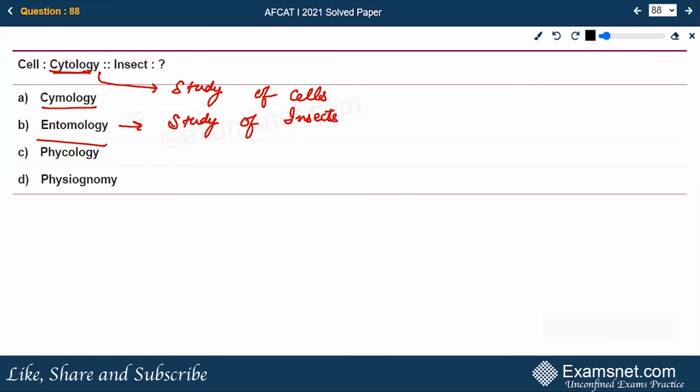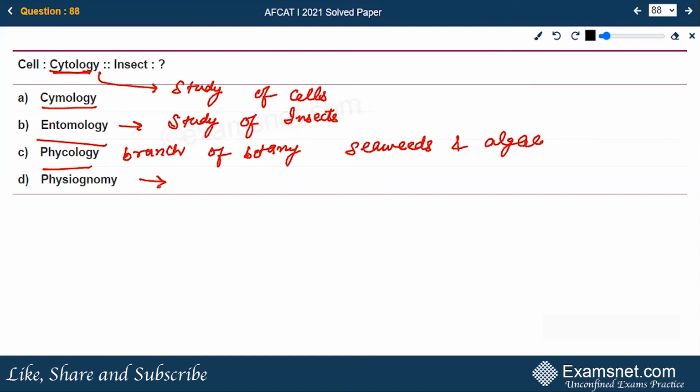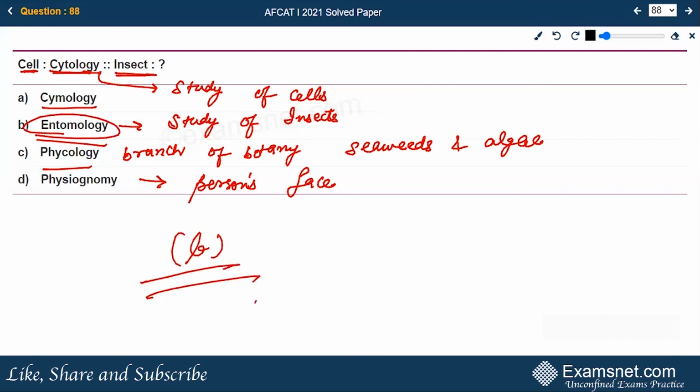Phycology is the branch of botany which is concerned with seaweeds and algae. And physiognomy is the general appearance of a person's face. So cell is related to cytology, the study of cells. So the study of insects is entomology. Option B is your correct answer.